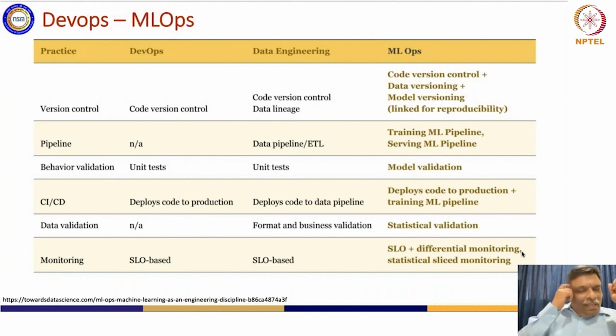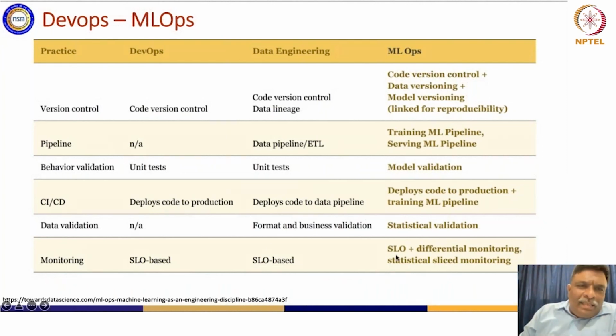DevOps and MLOps are, in a sense, that you have code version control and data lineage, code version control plus data versioning plus model versioning.